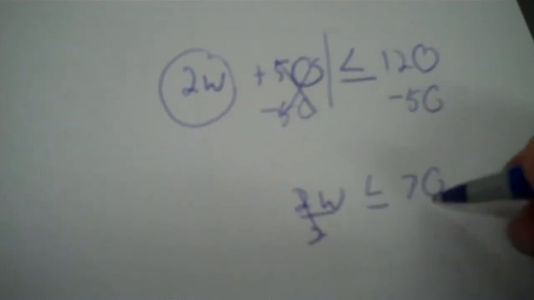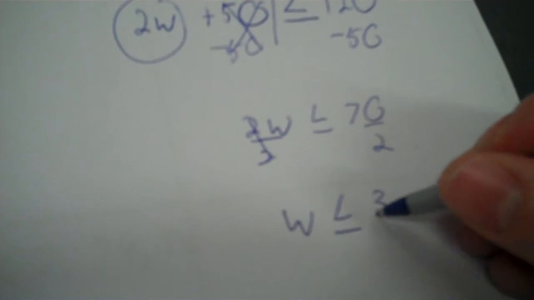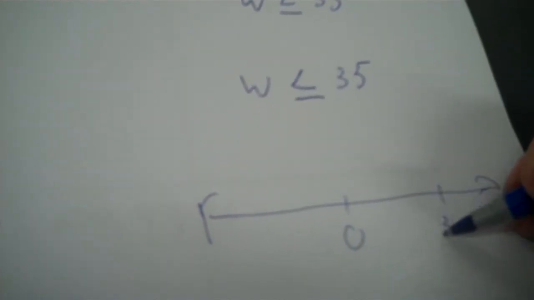Then divide, remember to just keep lining up the sign until the W is by itself, and then fill it in. The sign never had to switch. Okay, then graph it. Does it open towards the number or the letter? Well, it opens towards a number, so it's going that way.